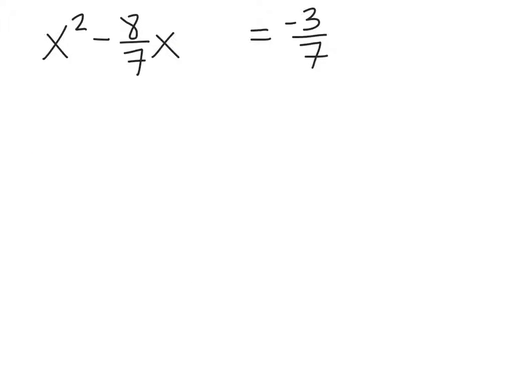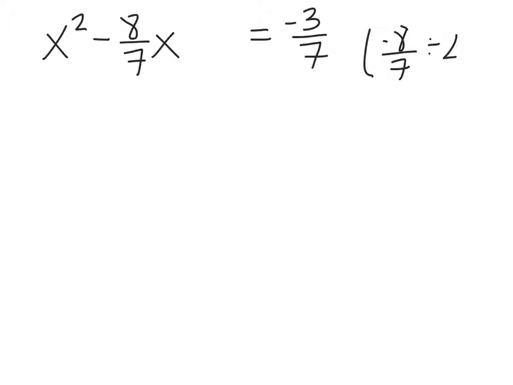I needed some more room, so here's what we're going to complete. We're going to complete the square. We have to figure out what our factor term is going to be and then what we have to add to both sides. So I have to take negative 8/7, and remember you have to divide it by 2.